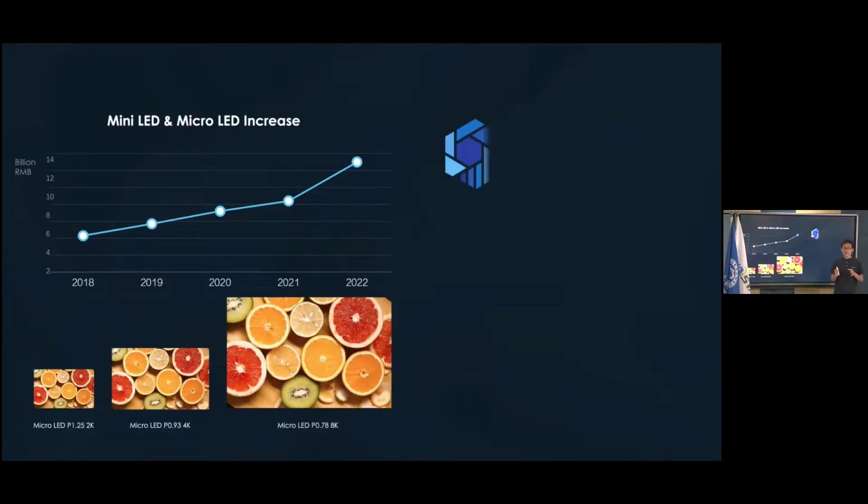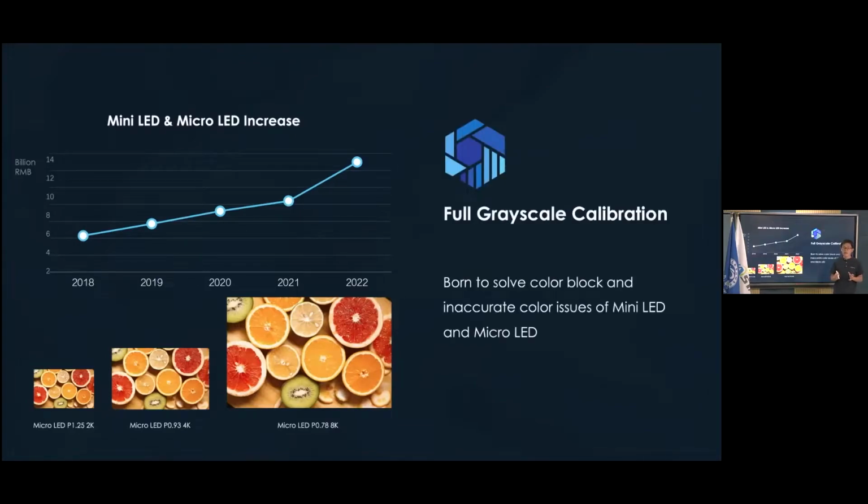So there are new issues we have to face, which we didn't pay much attention to before: inaccurate color blocks and non-uniformity of the display at low brightness of the mini LED.